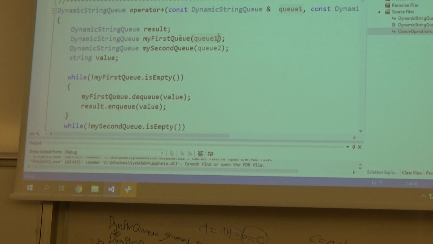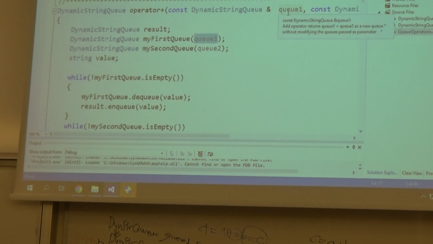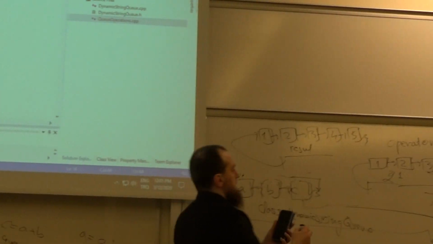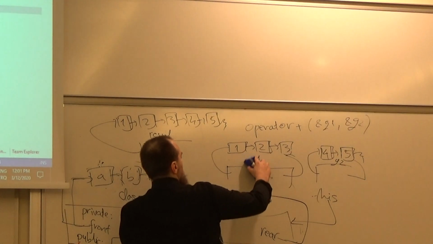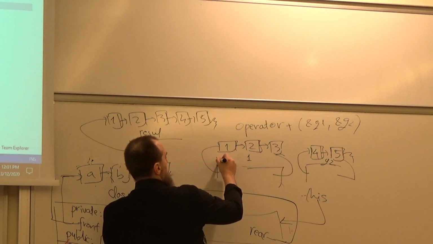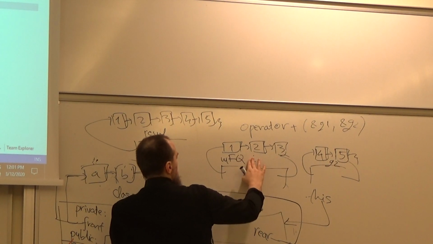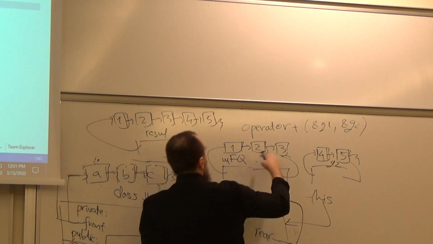So basically I'm creating my first queue, and I'm using the Copy Constructor to create it, and I take Q1 as a parameter. Basically my first queue is identical to Q1. So here I called it Q1, but basically the name of that guy should be, I'm going to use abbreviations, my first queue, MFQ. Okay, and it's equal to Q1.